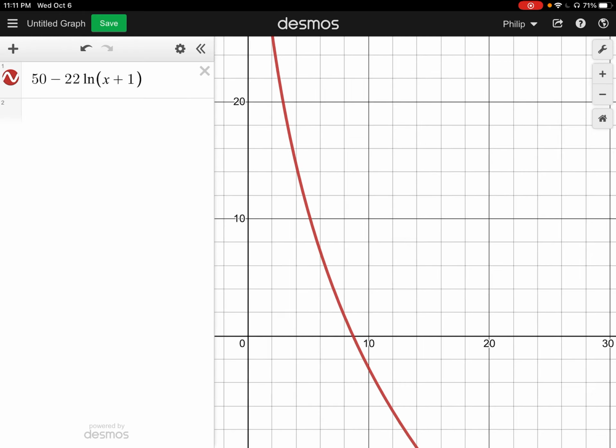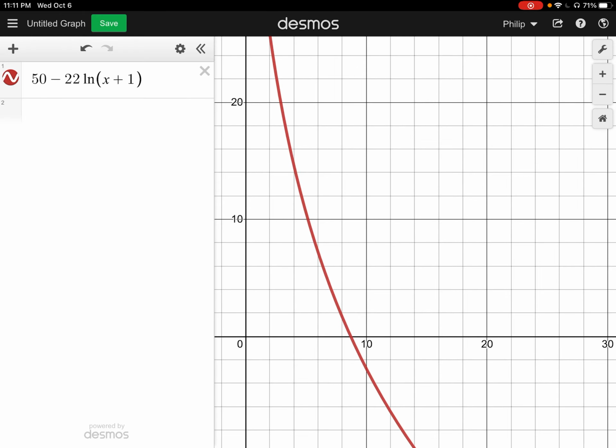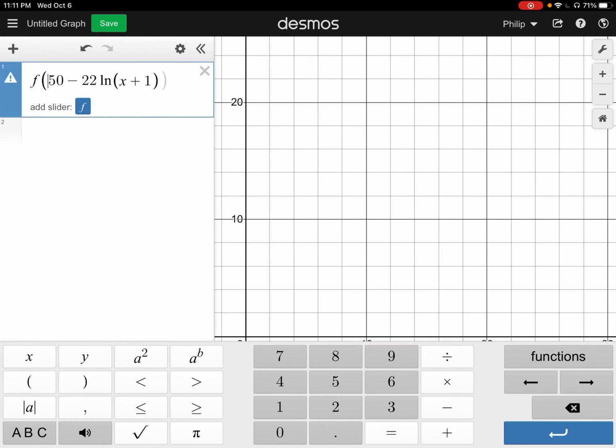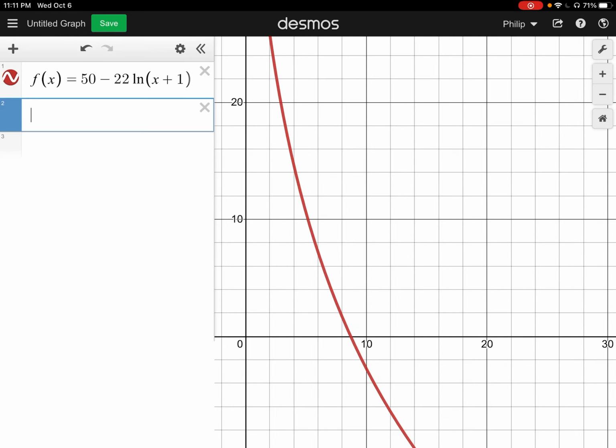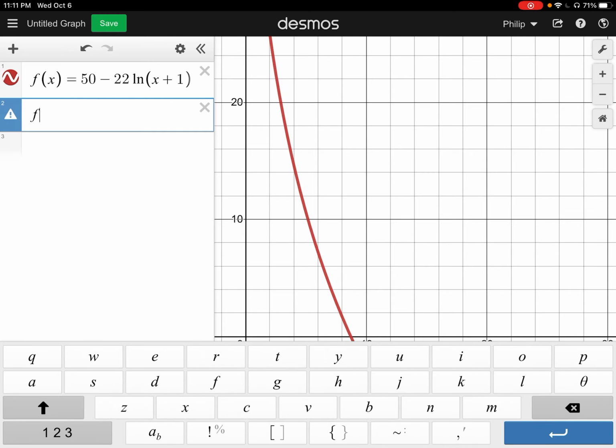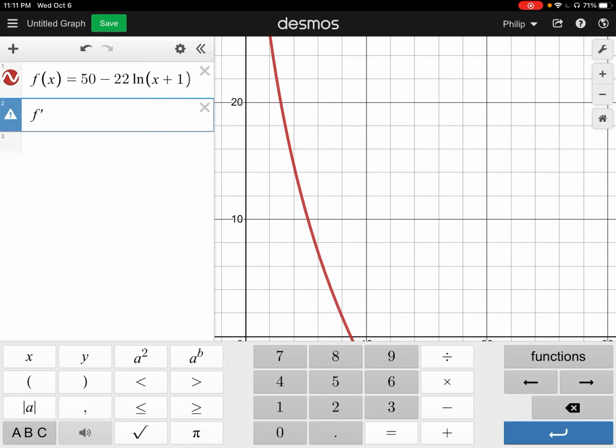Now look at this function here. If we call this f of x, I know we call it E of t in the problem, but we would call it f of x here. And then we graph f prime of x, so we can compare the derivative to the function.